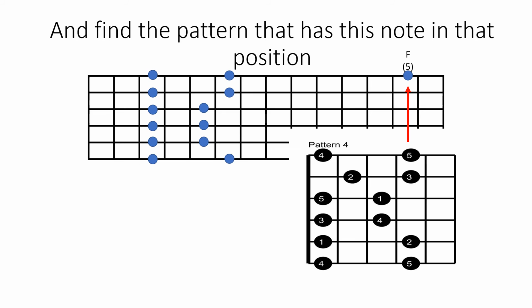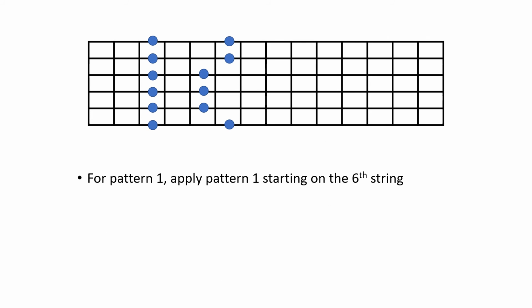All right, so now I know I need pattern 4, but I'm thinking I don't really know what pattern 4 is. I only know what pattern 1 is. So now what we want to do is find what string we want to start pattern 1 on so that it becomes pattern 4. So we go back to what I said earlier.